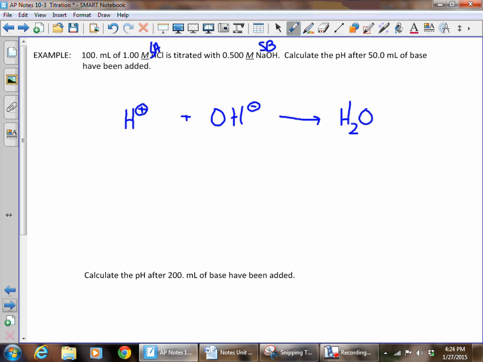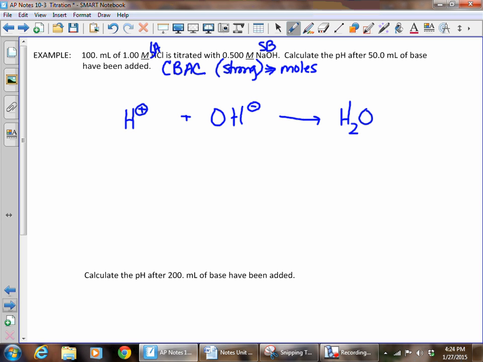It's all about the completion reaction, what the amount of each substance is before and after the reaction. And remember, this is the important thing. CBAC is in moles. CBAC, because it's strong, is always moles.